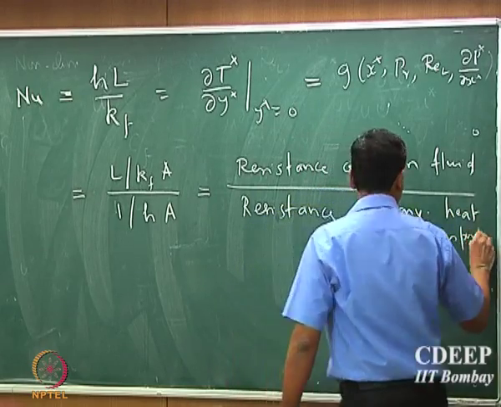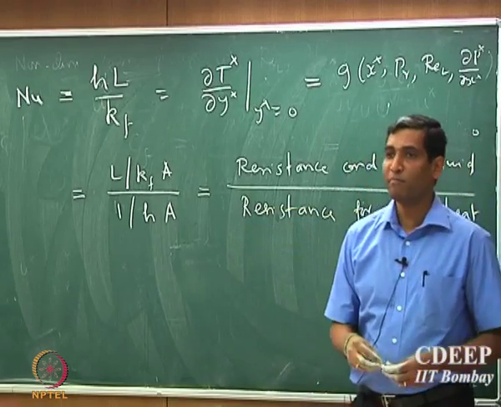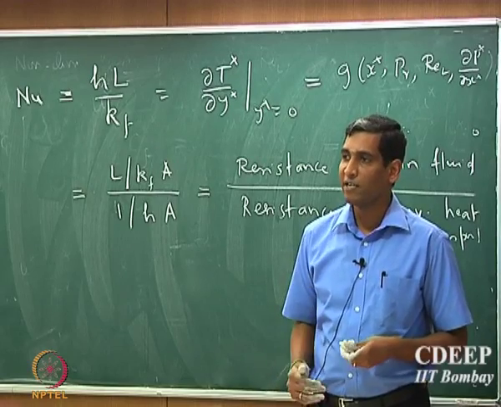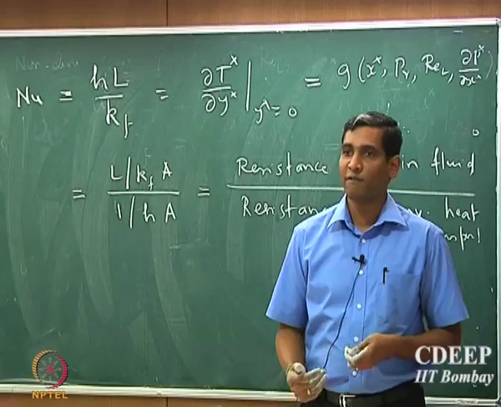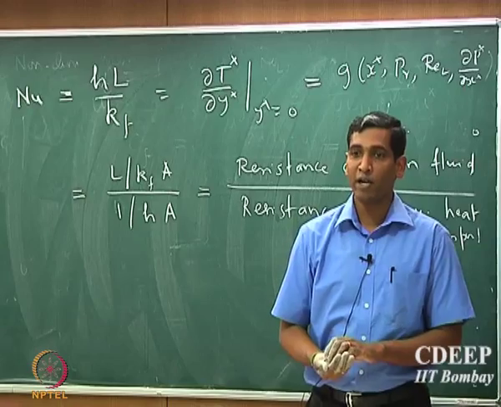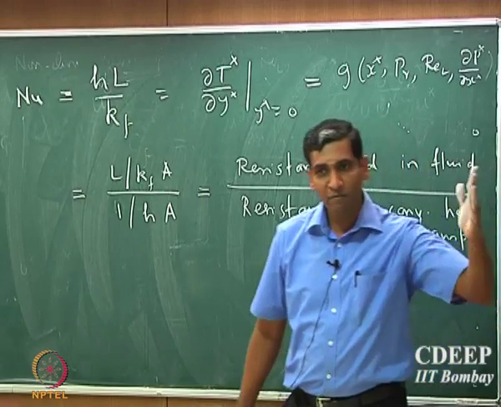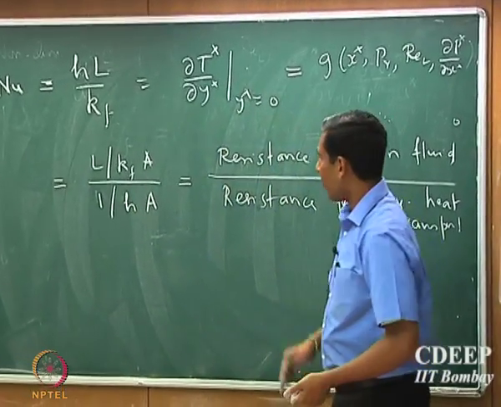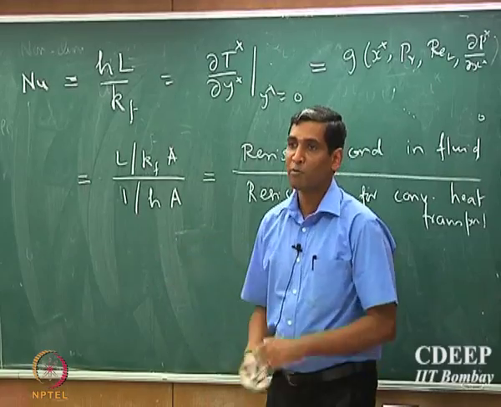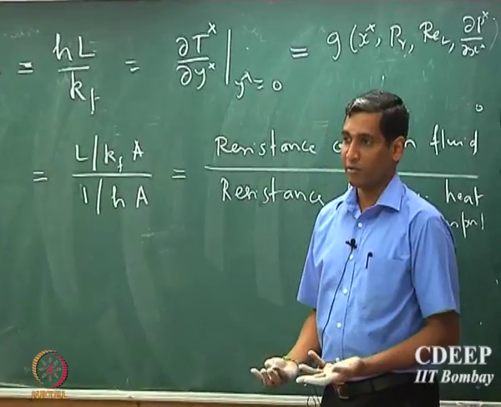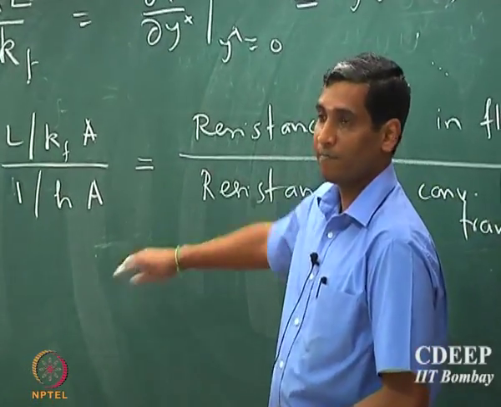Note that here convective heat transport means the extent of transport of heat because of the presence of convection from the solid to the fluid phase. Here we are not referring to convection because of the flow of the fluid. We are referring to the extent of heat that is transported from the solid to the fluid phase in the presence of convection. Okay, so that's what it signifies.